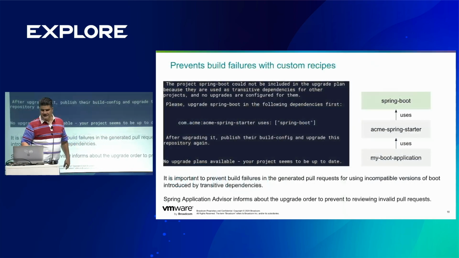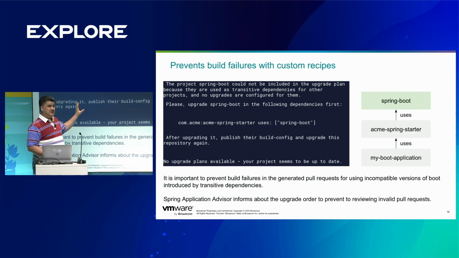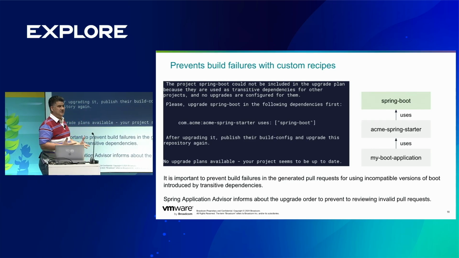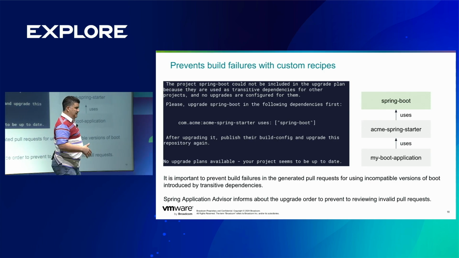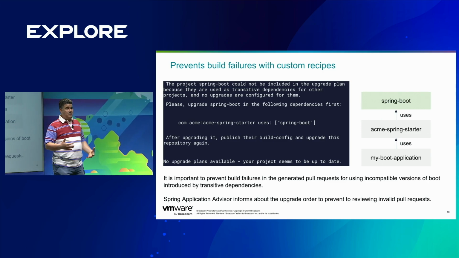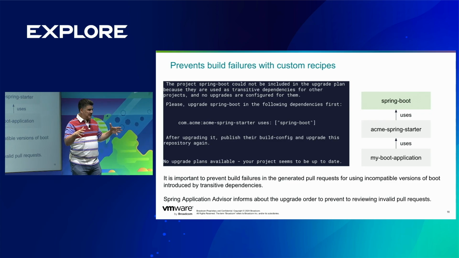Okay, so that's how you can get access to it. I talked about this a little bit, but one of the things we do is we actually print out some information, like some things you should think about. What we found in a lot of organizations is that they have built their own internal library around Spring Boot and Spring Framework. And that internal library is the thing that really consumes Spring.